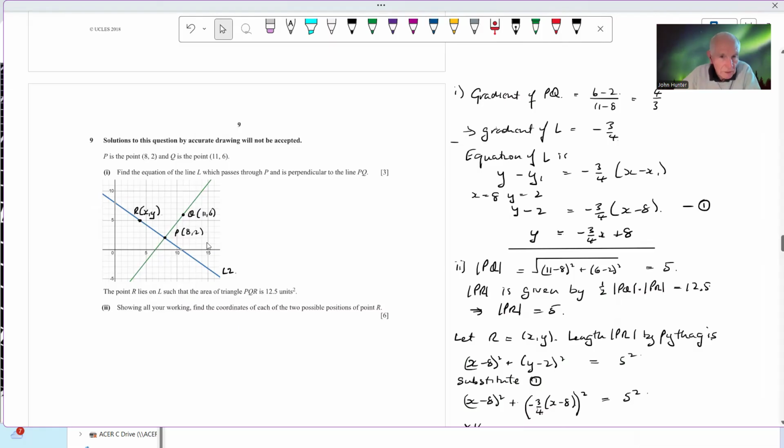Anyway, this is not mechanics, but this is what we've got. So these are the points here, P and Q. So we've got this line here. And there is a line L which passes through it like that.